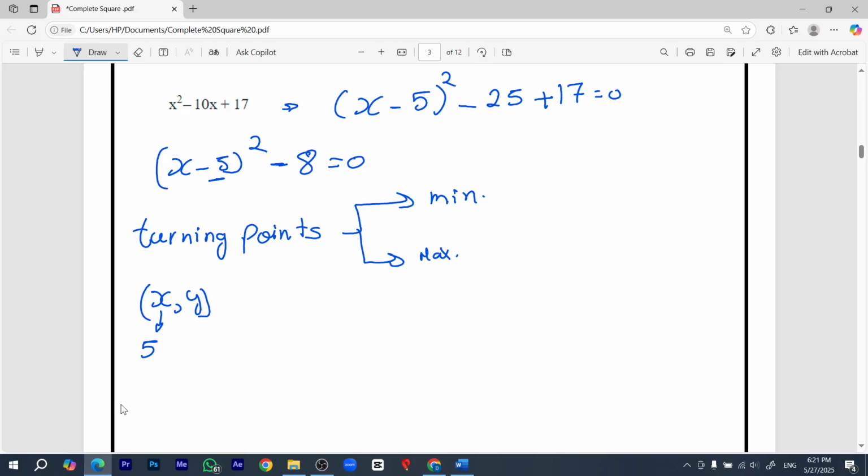The y we take as it is, so it remains negative 8. This is the point called the turning point.